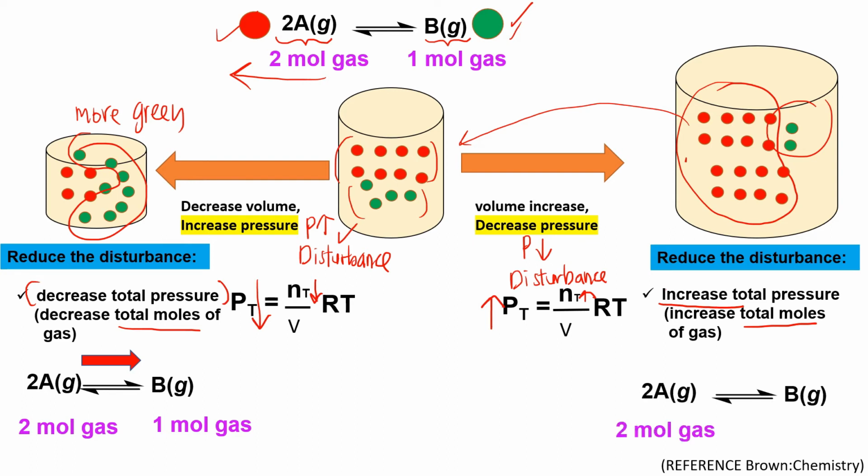Look at this equation: 2 moles of gas on the reactant side and 1 mole of gas on the product side. So the equilibrium position will shift to the left side, because they change from 1 to 2, meaning the number of moles increases, or more moles. That's why, once they shift to the left side, you produce more A. So you can see a lot of the red color A in this condition.